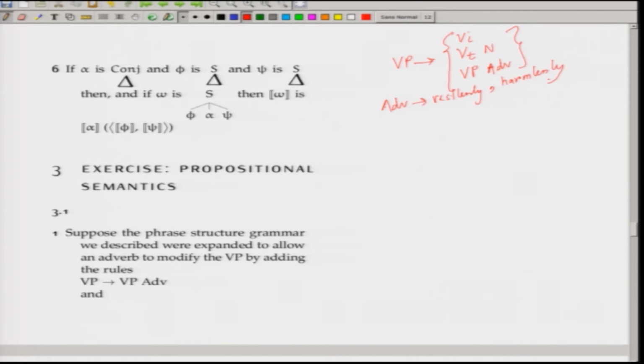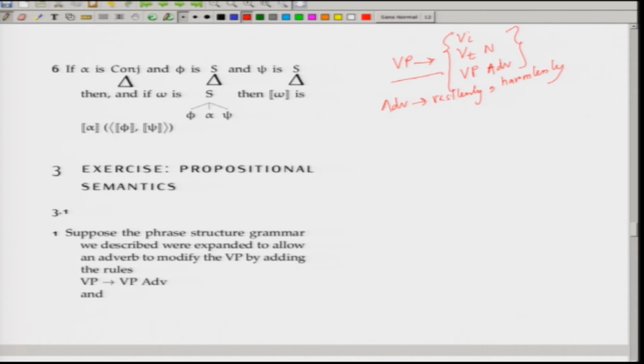There are two adverbs they are adding. So the first part of the question is you add this syntactic rule, and we have added the syntactic rule for you. Now you have to add the appropriate semantic rule. So the semantic counterpart of this rule we have to add. That is one task.